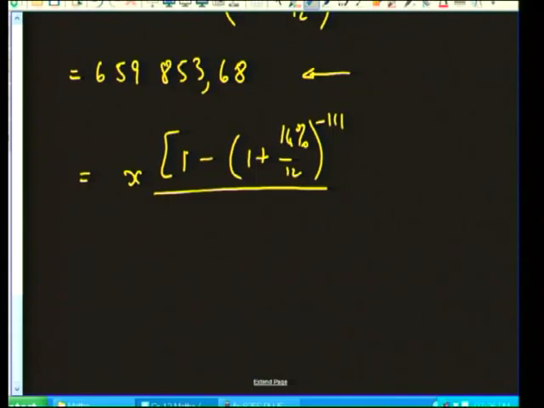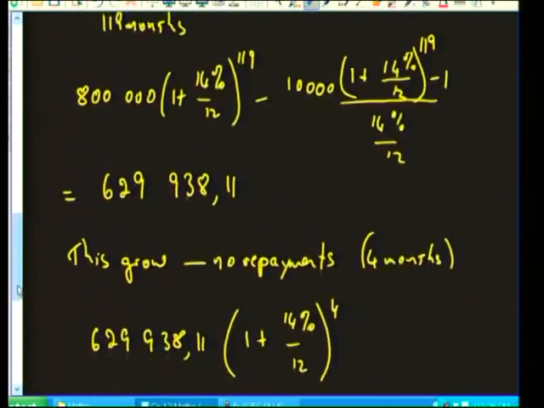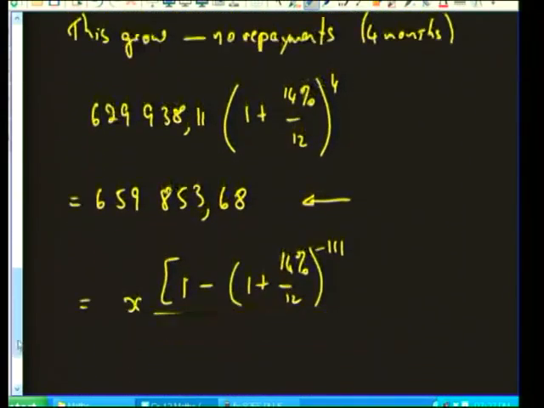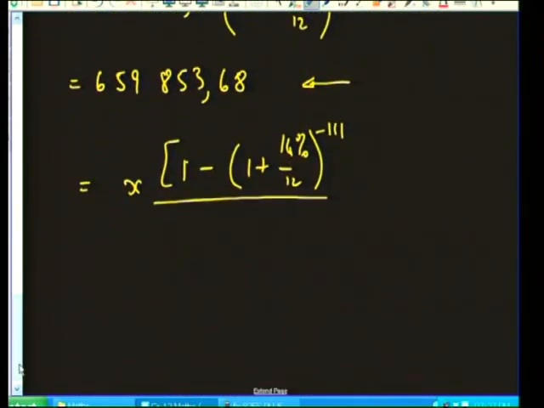Now, where do I get 111 from? Well, 124 was over here, and here he went, 125. So from 125 all the way through to there, how many repayments is he still going to make? Yep, you got it right, 111.